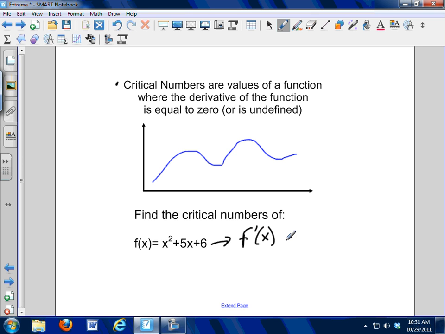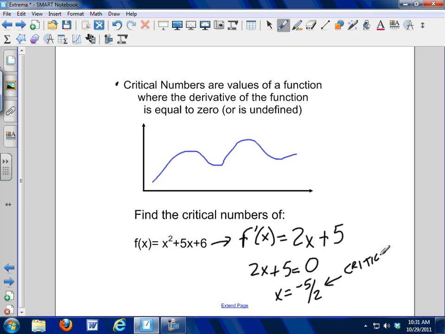The derivative of x squared plus 5x plus 6 is 2x plus 5. When is 2x plus 5 equal to 0? When x is equal to negative 5 halves. So negative 5 halves is a critical number for my function.